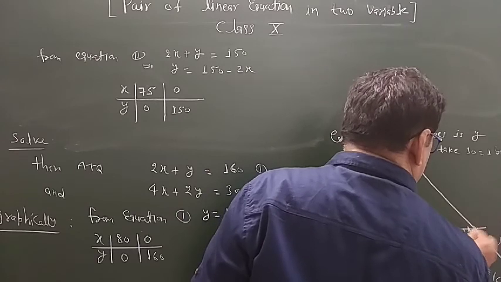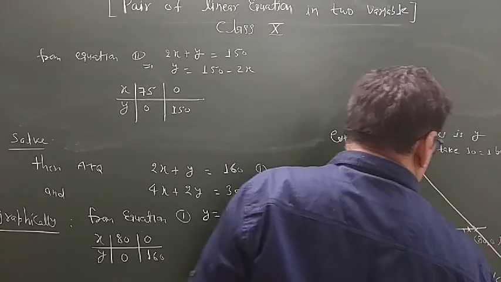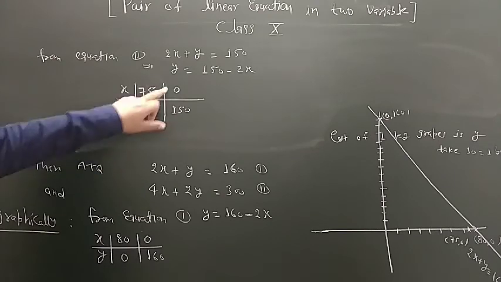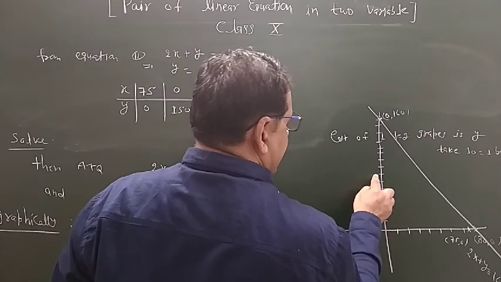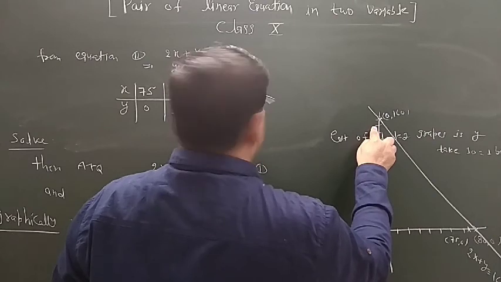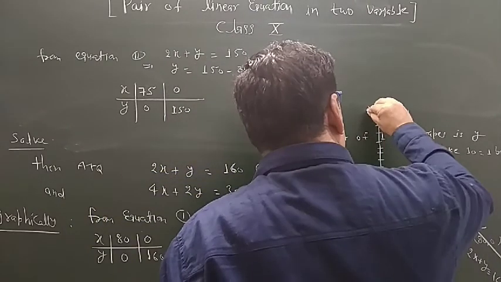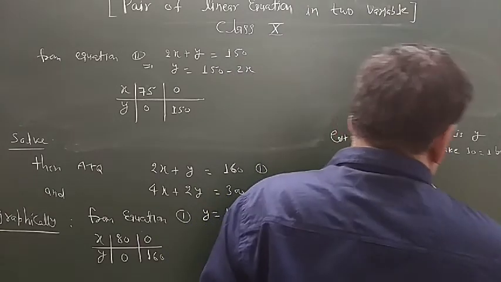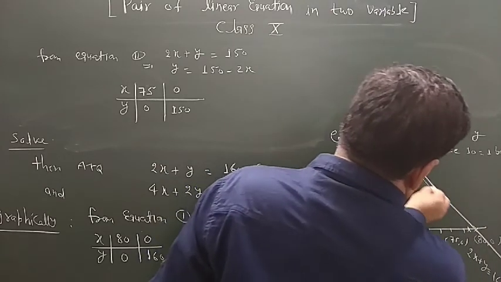And the other point is (0, 150). So now draw again a line. Join these 2 points and we again have a line.